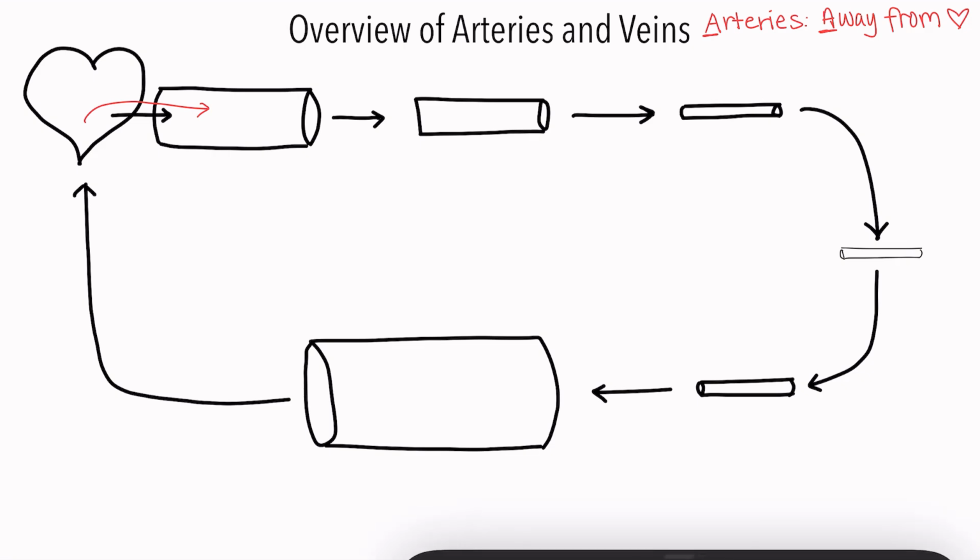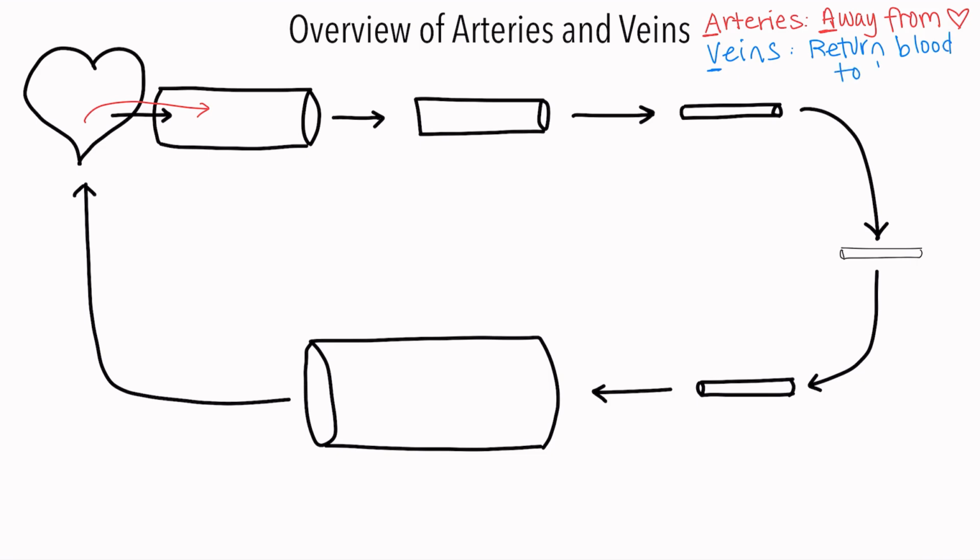So veins then are going to be deoxygenated in the systemic circuit, and they're going to return blood to the heart. So to say that one more time, in the systemic circuit, arteries are oxygenated and veins are deoxygenated.